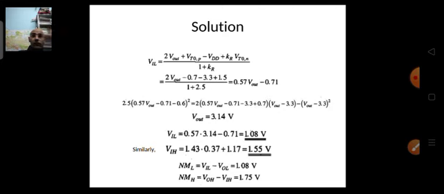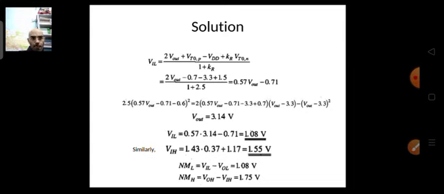The value should be in the range of VDD, so it should be less than VDD. If you get a value which is above VDD or below 0, we have to ignore it, and we take the value which falls between 0 and VDD. As 3.14 falls in the range of 0 and VDD, we consider this value. Then, substituting this value in the equation, we can find that our VIL is 1.08.